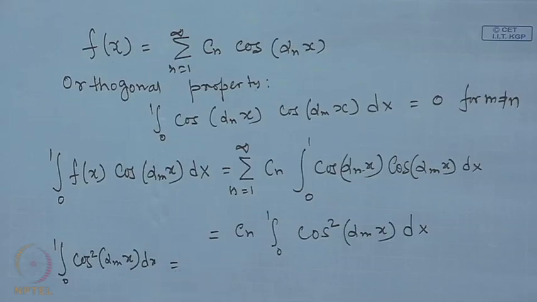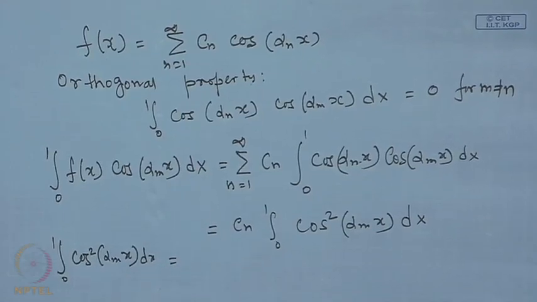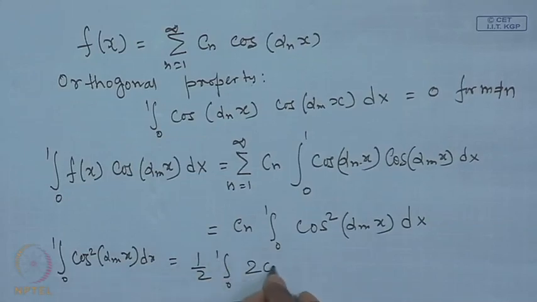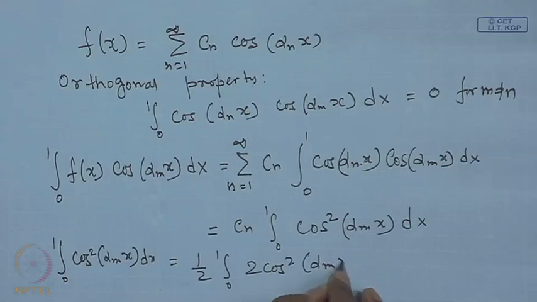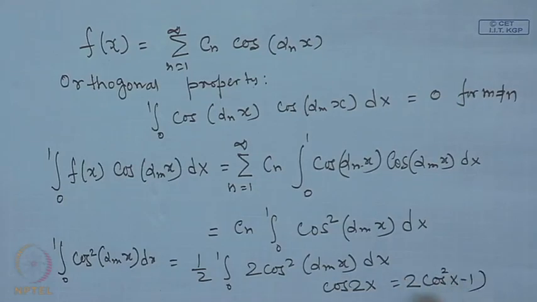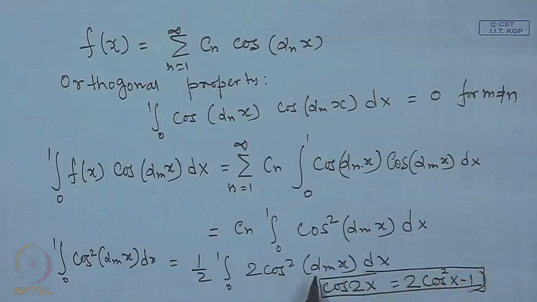If you remember the expression of cosine 2 alpha m x, you just divide it by half from both sides. So, it will be half integral from 0 to 1 of 2 cos square alpha m x dx. You utilize the identity cosine 2x is nothing but 2 cos square x minus 1. So, utilizing this identity, we can substitute this 2 cos square alpha m x as 1 plus cosine 2 alpha m x.